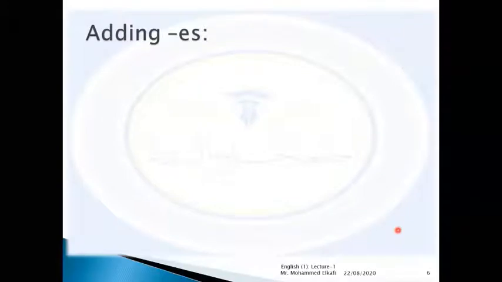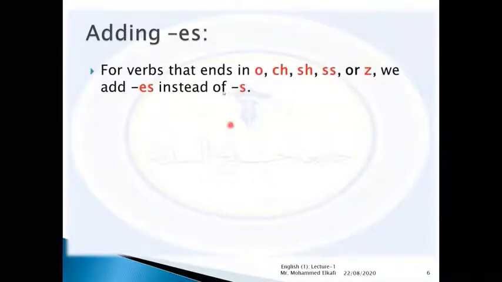So what about the rule of adding es, as we saw in the previous example of does? Even for the form do, we add es. So do became does when we use he or she and it. Here we can say for the verbs that end in the letter o, or the letters ch, sh, s or double s, or z, if we find them at the end of the verb, we add es instead of s.